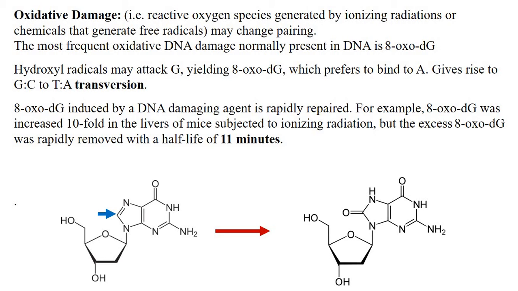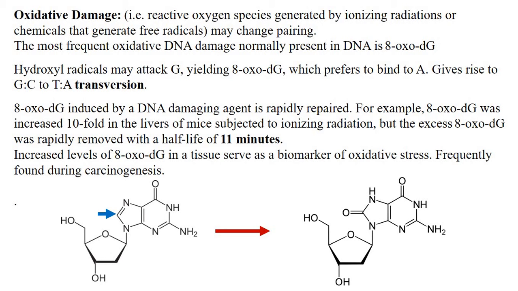So within this time period, most of this 8-oxo-dG was removed from the mice liver, and what that suggests is the cells have this capability. Cells are already aware of the formation of this 8-oxo-deoxyguanosine, so it's rapidly removed to form guanine.